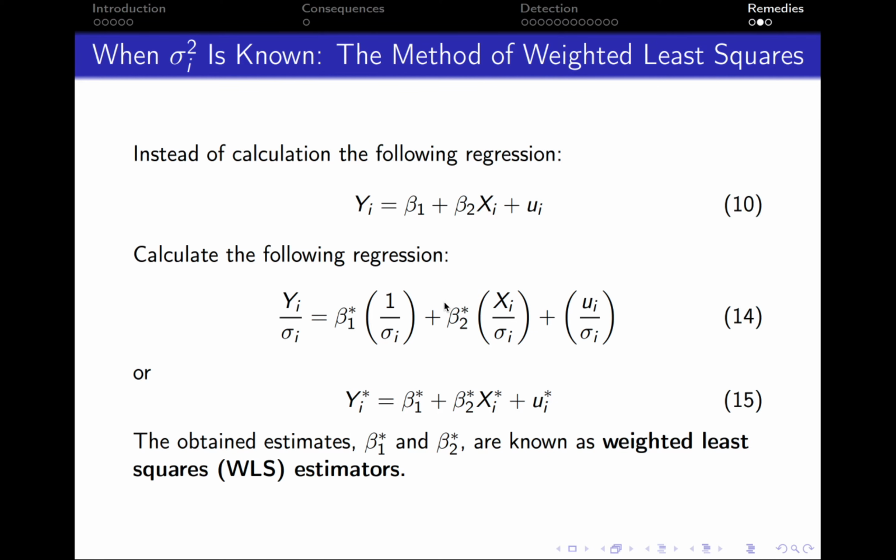Alternatively, we can also write it as y star, beta star, beta 2, xi star, and u star. So the obtained estimates beta 1 and beta 2 are known as the weighted least squares estimators. So this is how the method of weighted least squares is applied to the case of heteroscedasticity.